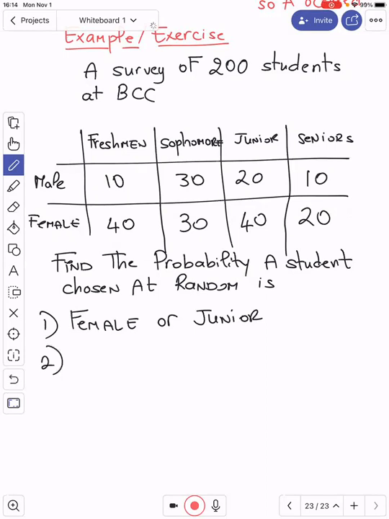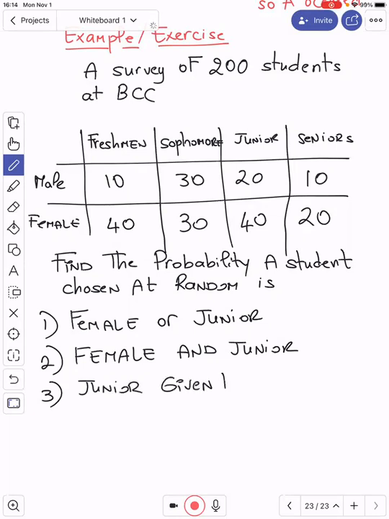Two, female and junior. Three, junior, given that the student is a female.